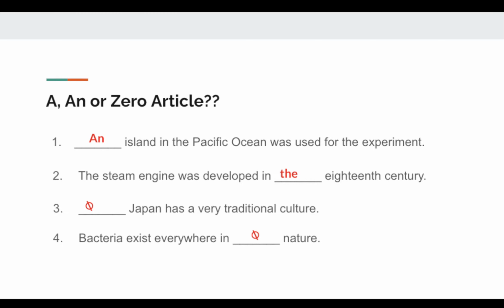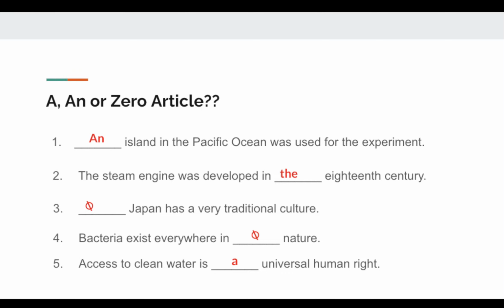Let's move on. There is one more, number 5. Access to clean water is blank universal human right. What do you guys think? So, if you said a, you are absolutely correct.